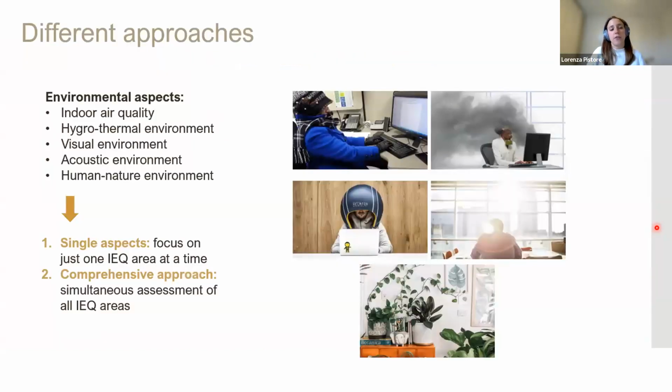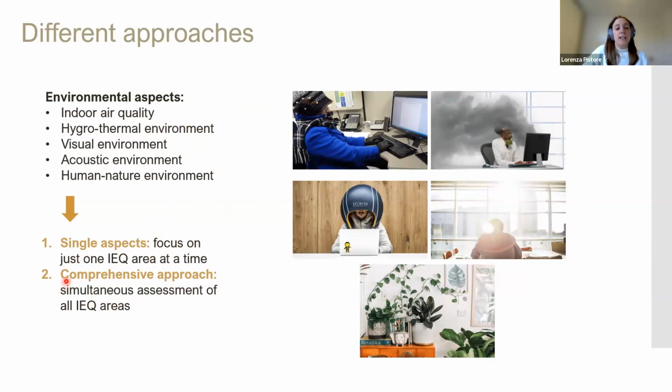Starting from the different environmental aspects that we would like to assess in the indoor environment, we can have two different approaches in post-occupancy evaluation. The first approach is the single aspects approach. So we can focus on just one indoor environmental quality area at a time. For example, I just focus on indoor air quality, or I just focus on the hygrothermal environment, one at a time separately.